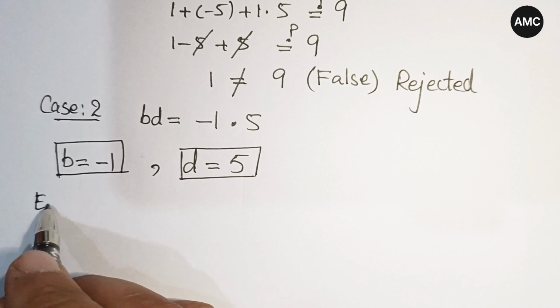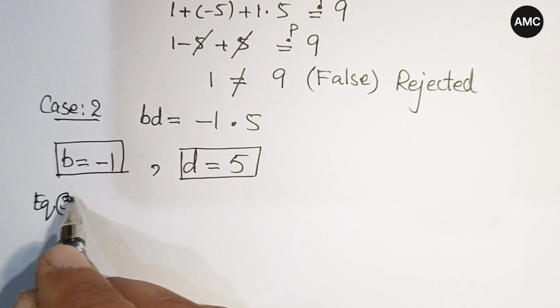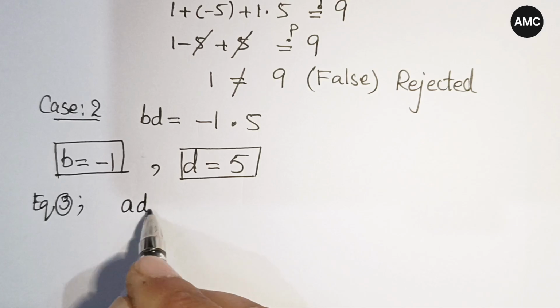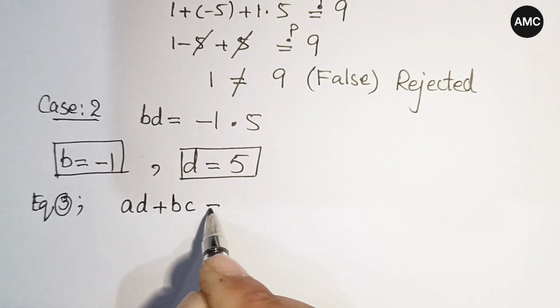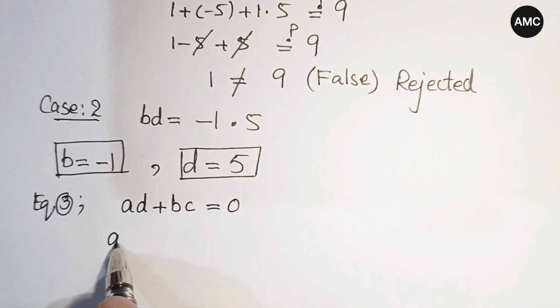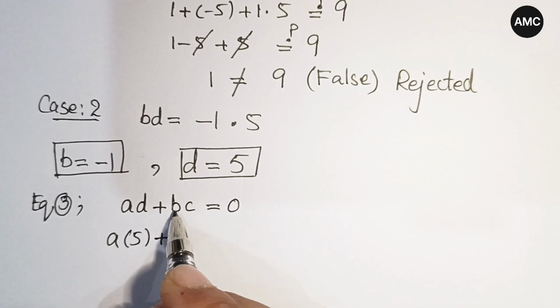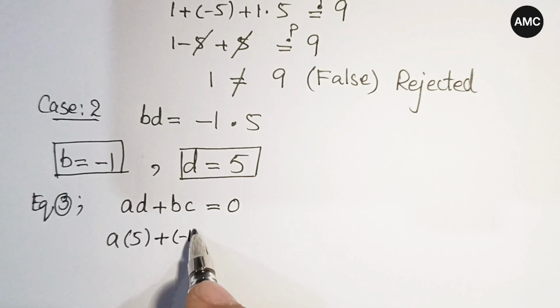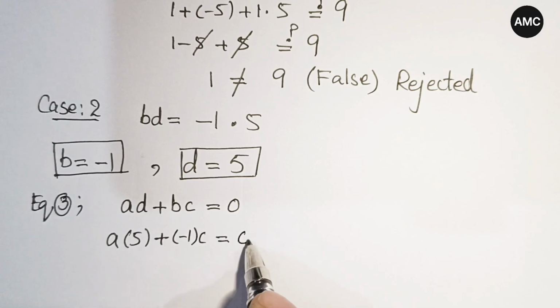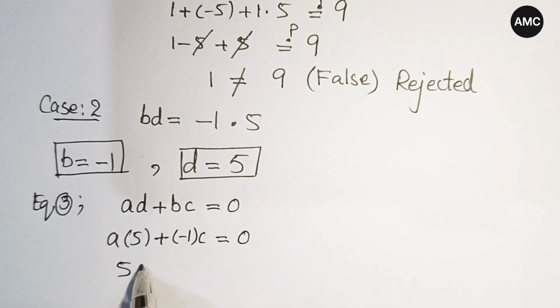So equation 3 implies that a times d plus b times c is equal to 0. So here a times the value of d is 5 plus this value of b is minus 1 times c, that is 0. So here we get 5 times a minus c is equal to 0, then c is equal to 5a.